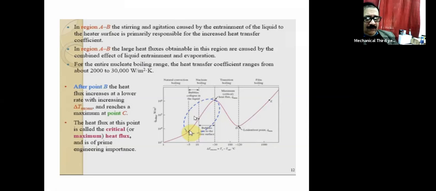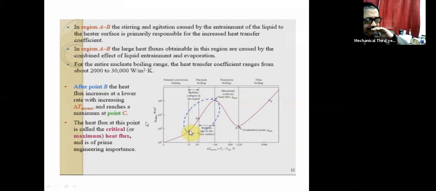Now let us see. You see here from A to B, after the point B, the heat flux increases at a lower rate. If you see the nature of the curve, you will find that the heat flux increases at a lower rate.